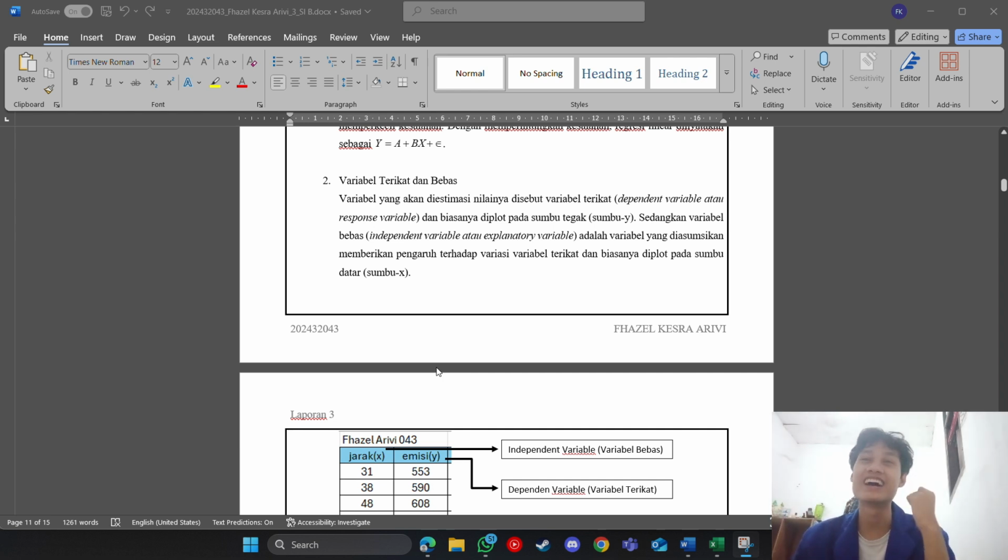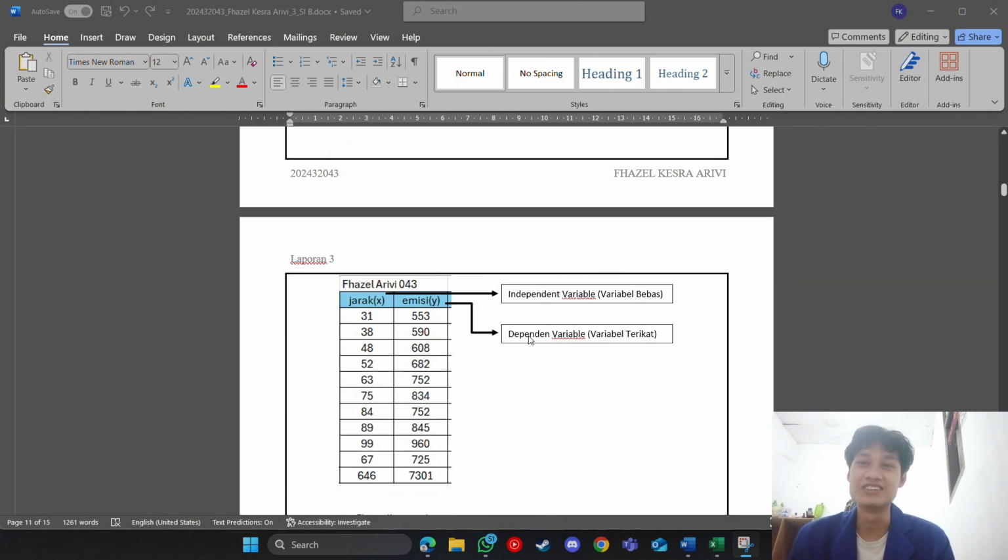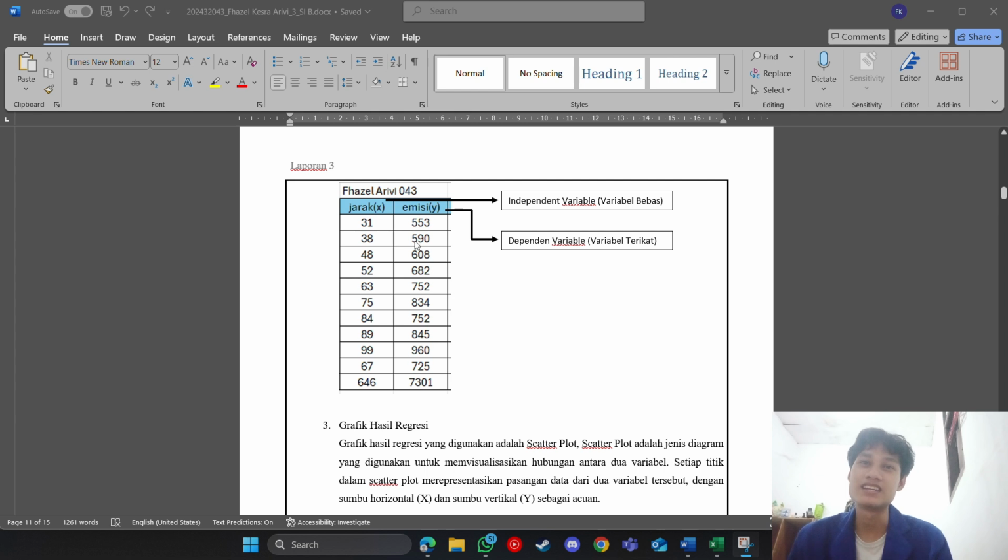You understand? And the independent variable is the variable that is suspected to affect the dependent variable. So in this example, image emission, or y, is the dependent variable, and distance, or x, is the independent variable.